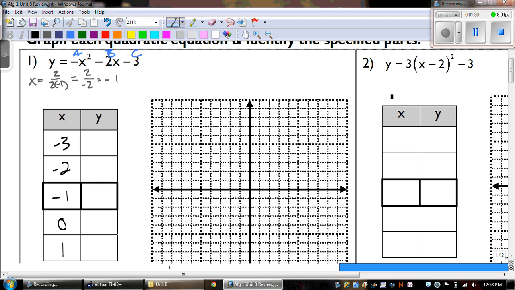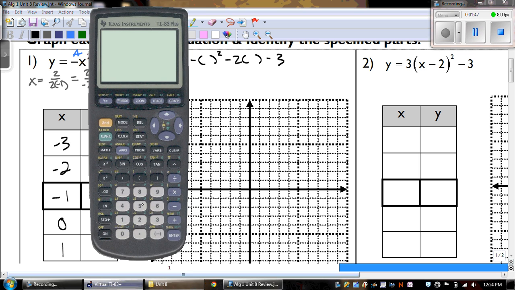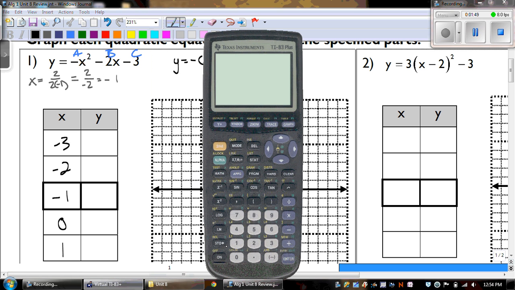And now we need to plug all those numbers in, okay? So what you're doing in your calculators, let's actually make that look like a squared, minus 2, and you're plugging those in, okay? You guys should be able to do that on your own. I'll just set it up so you guys know what it looks like, okay?